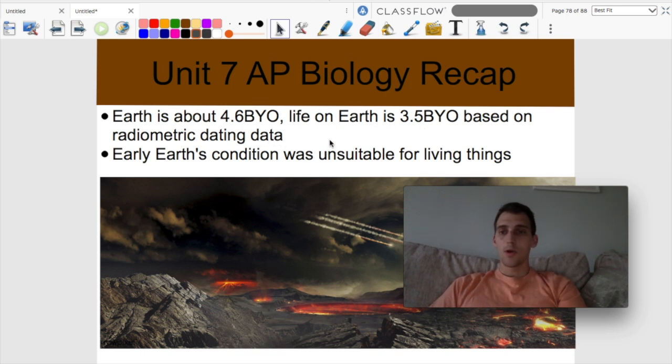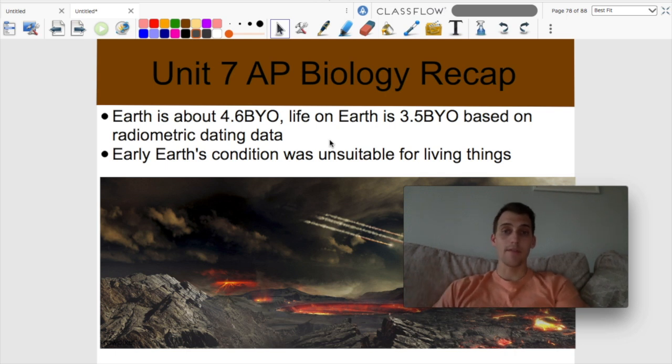And that's something I spoke about in the last video: when you have a sample or a fossil, like a rock or something like that, there are some radioactive isotopes in there, so basically atoms with too many neutrons. And when those neutrons break off of the nucleus of those atoms, they go from being an unstable radioactive isotope to a stable one, and the time it takes for that to happen is predictable.